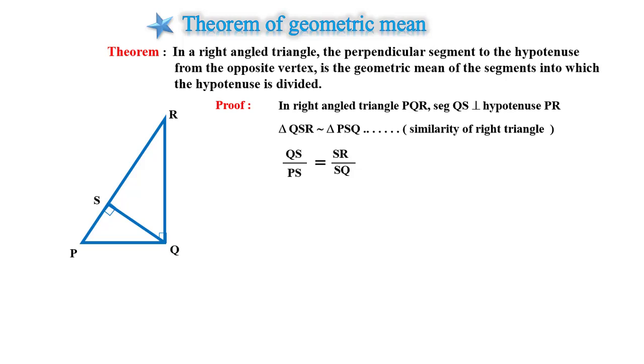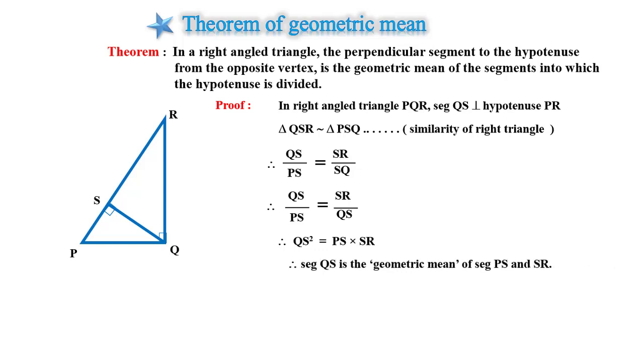Therefore, I write these two: QS by PS equal to SR by QS. Simply I replace SQ by QS here. Now taking the cross product, QS square equal to PS into SR, that is, segment QS is the geometric mean.